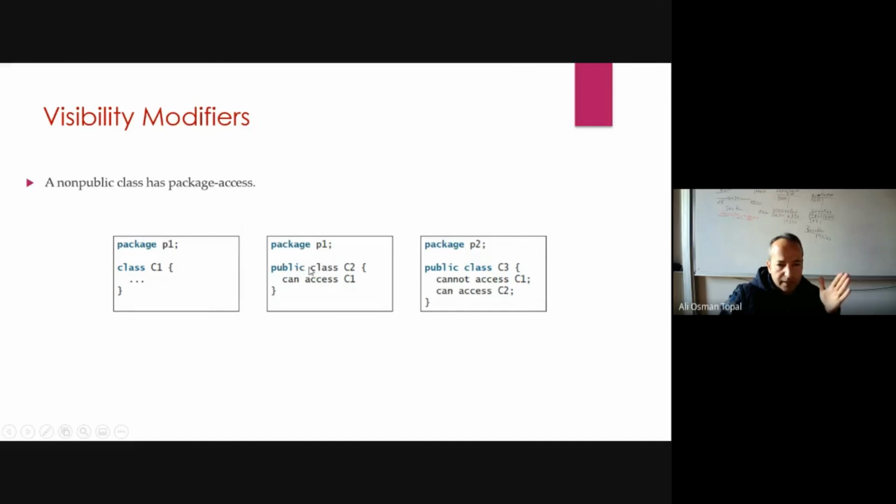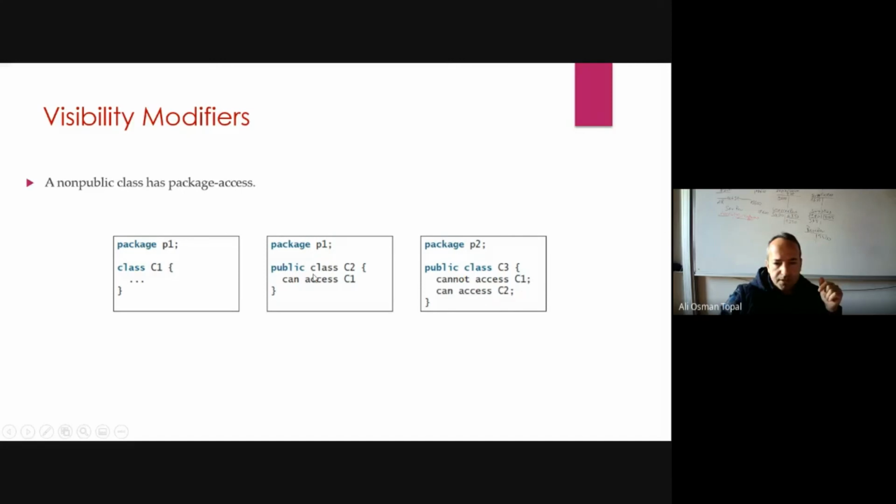I left it blank, just class. If it is just class, again, you cannot access it from another package. But if you want people to use your class in another package and in their class, you just give public. Public is open to everyone, everywhere, they can use it. But C1, as you see, we didn't say anything here, so no access.